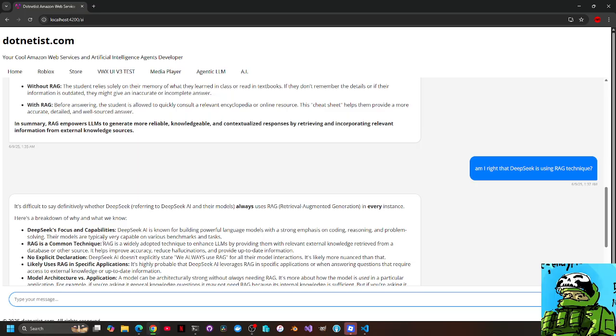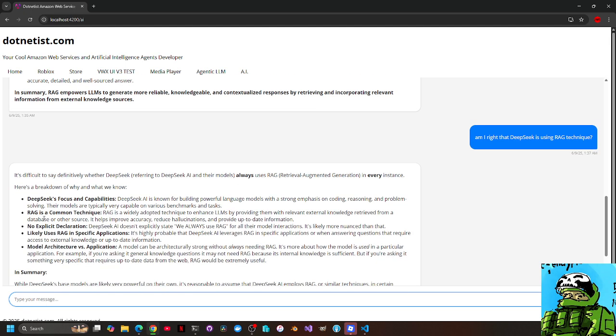These models are typically very capable on various benchmarks and tasks. RAG is a common technique. RAG is a widely adopted technique to enhance LLMs by providing them with relevant external knowledge retrieved from a database or other source. It helps improve accuracy, reduce hallucinations, and provide up-to-date information.